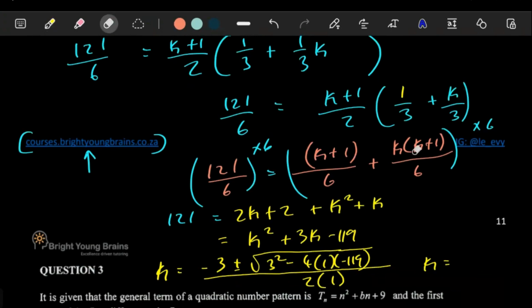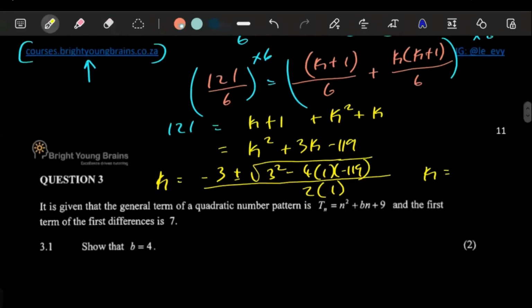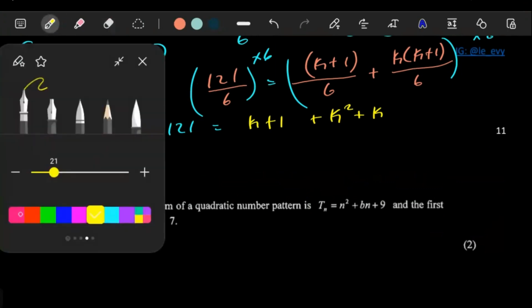This is still just fine the way it is. And then here now, you would have just k plus 1. And then here we can adjust all this. There we go, so we spotted our error nicely.